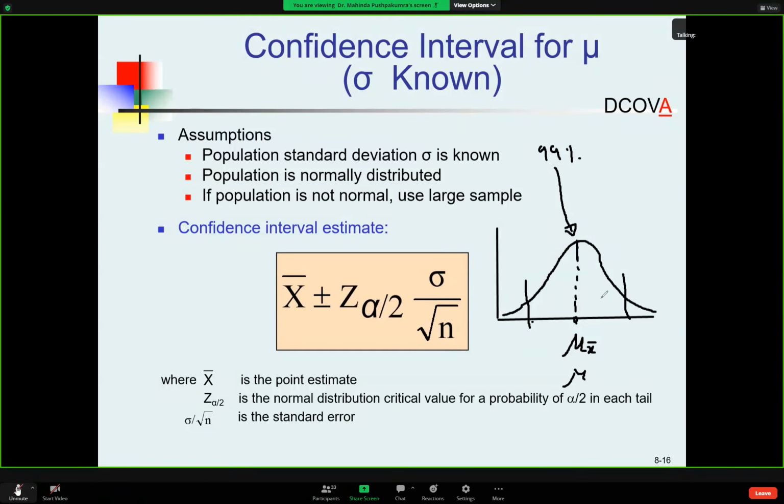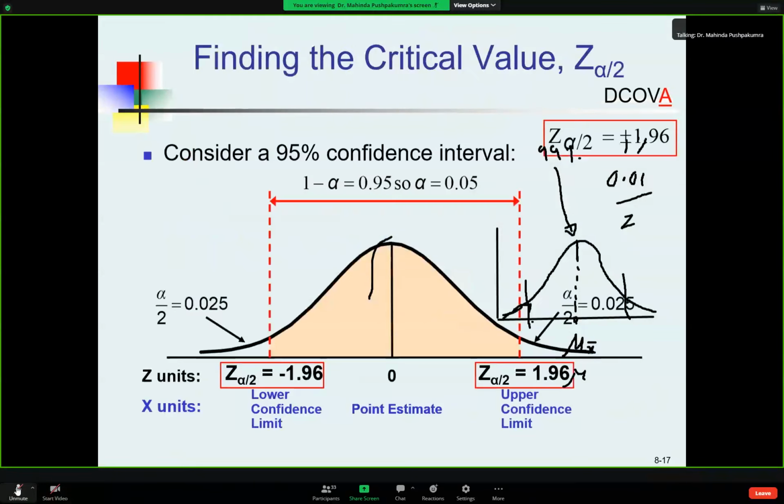If this area is equal to 99%, these two tails should be equal to 1%. 1% means 0.01. Then the level of significance is 0.01. Then it should be divided by 2. Is it clear now? Yes, sir. Okay.